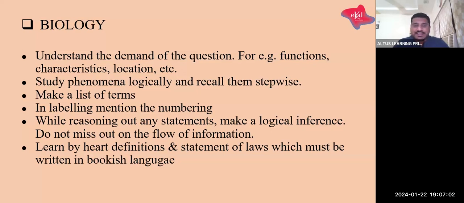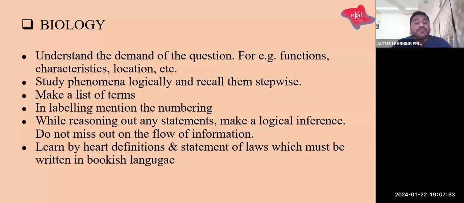It's a small intestine. And the student will just write the small intestine. But that is not what is asked. You have to write the function of the small intestine. So read, understand the demand of the question, whether you have to write the function of the labeled part, whether you have to write the characteristic of the labeled part, or whether you have to write the location of any particular organ.